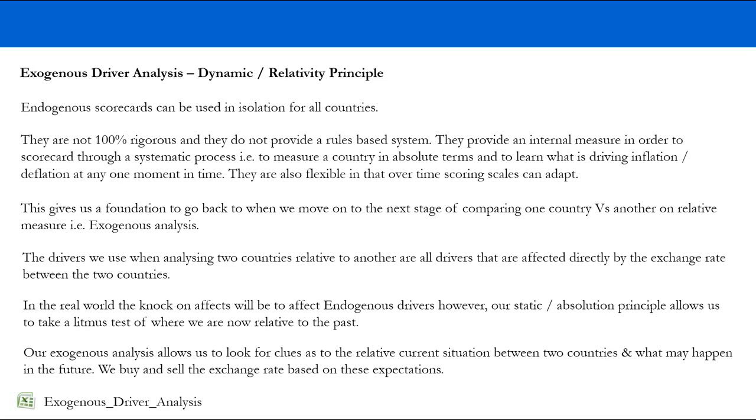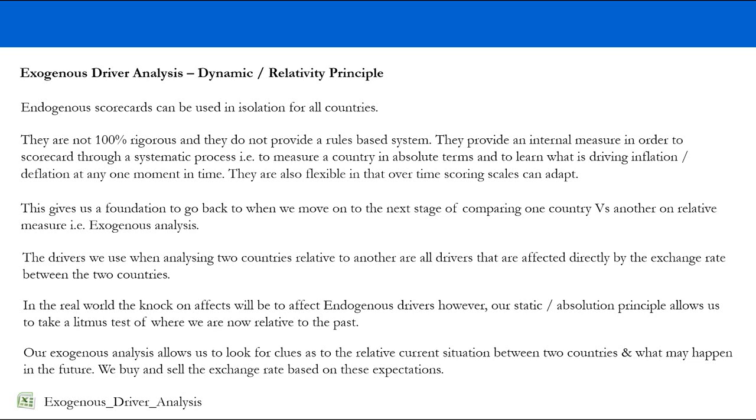Now, endogenous scorecards can be used in isolation for all countries. What we have to be careful of is that they're obviously not 100% rigorous, and they don't provide a full bulletproof rules-based system.